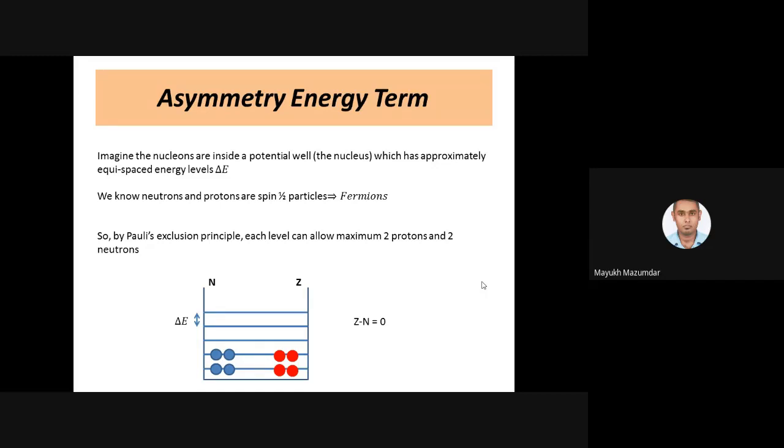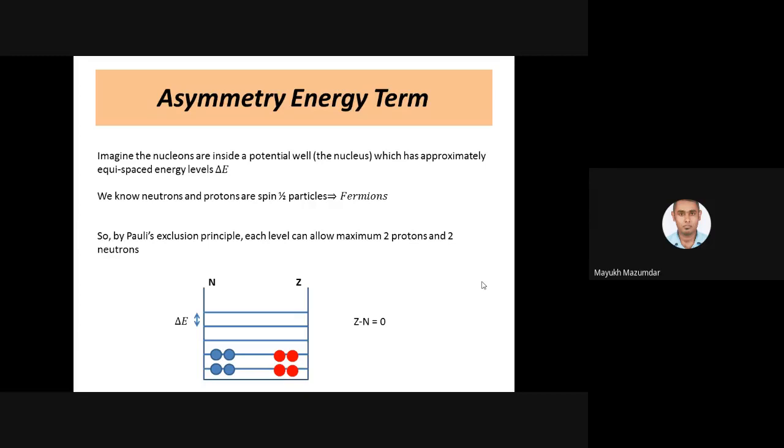Yes, sir. And those maximum two particles will also be of different spin. That is actually Pauli's exclusion principle, which says it's never possible for two fermions, two electrons to begin with, to have all four quantum numbers the same. And this is the conclusion of that.